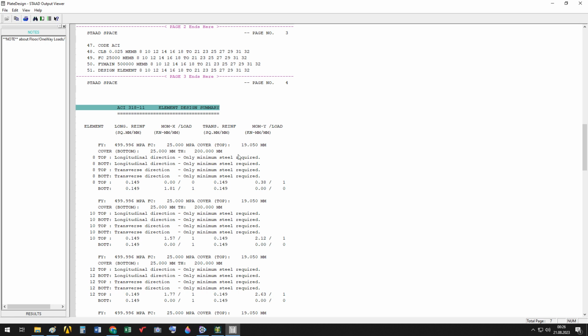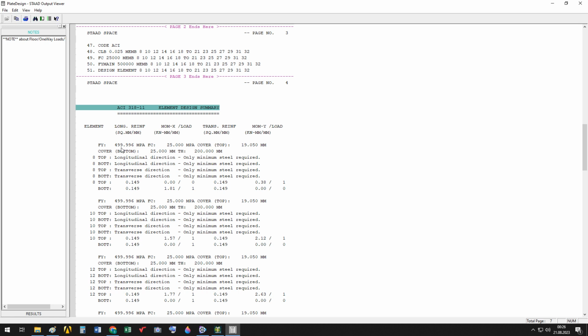Now here, the design result, as you see here, element number is given in this column. Element 8, plate 8 is given here. But some things are stupid here. These are the captions of the table.